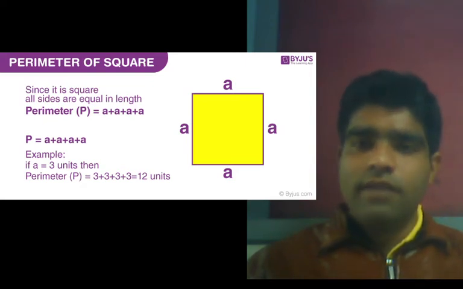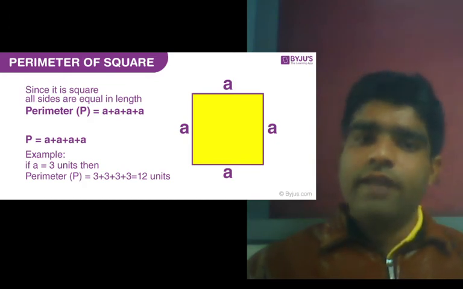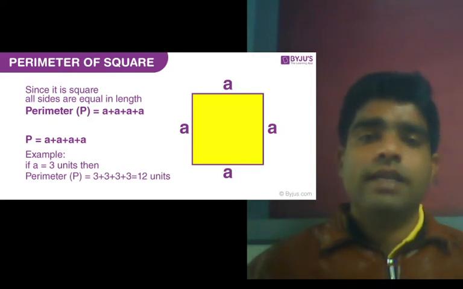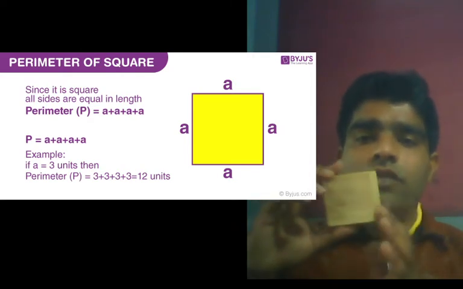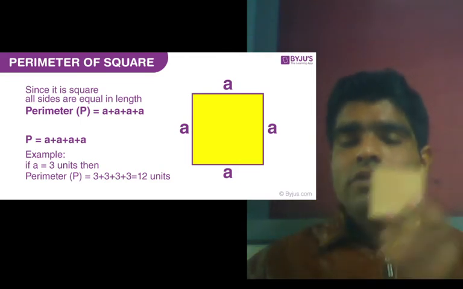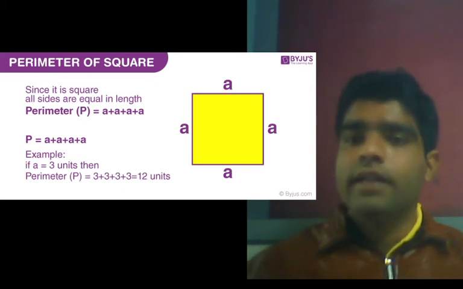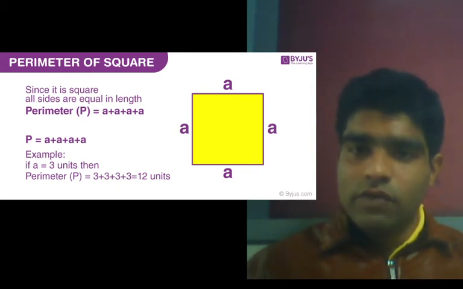For example, consider if a is equal to 3. Then we have to find the perimeter of a square, because a square has all four sides the same. That is why you can also directly solve 4 times a.